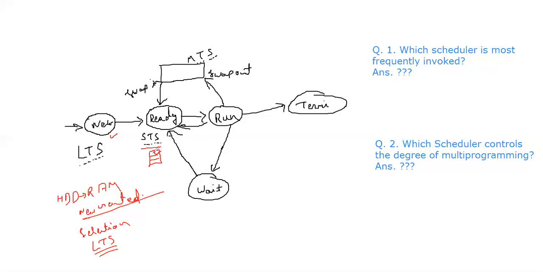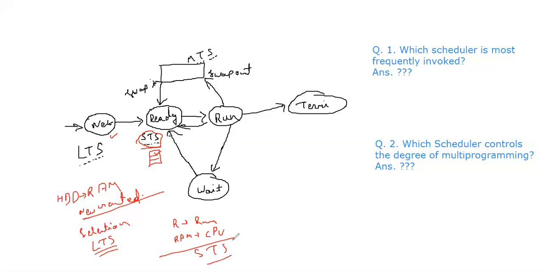So what is the way you are going to send a process from ready to running? That is done by the short-term scheduler. So the short-term scheduler is used to send a process from ready to run, meaning from RAM to CPU. So that is short-term scheduler.